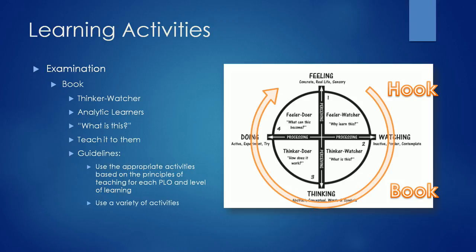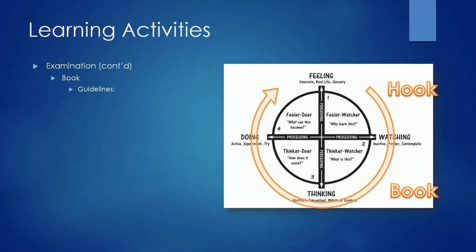Number two, we want to use a variety of activities, right? Because we know that they learn best with a variety of activities. And we also want to be sensitive to their modalities. That means we want to keep in mind that they are auditory, visual, and kinesthetic learners. So not everyone in this area is going to be able to sit still and listen.